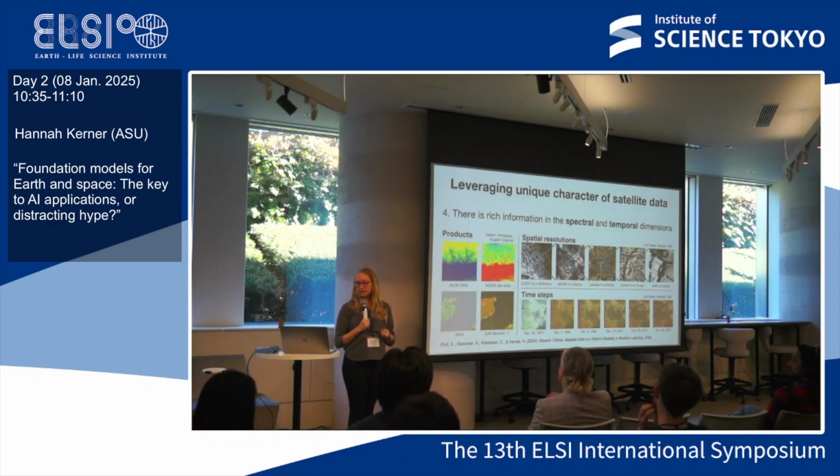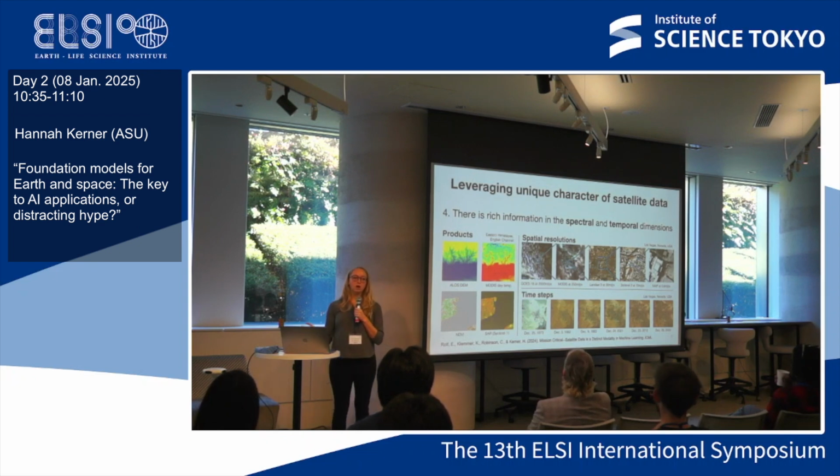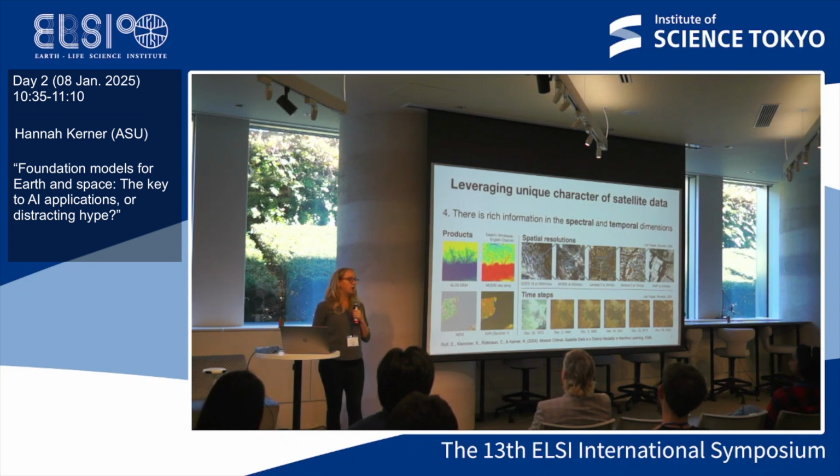And again, like I said, in remote sensing data, there's a huge amount of information in the spectral and temporal dimensions that these traditional computer vision approaches are just completely not considering. So if we're lifting and shifting those approaches, we're missing out on most of the information that we might have.